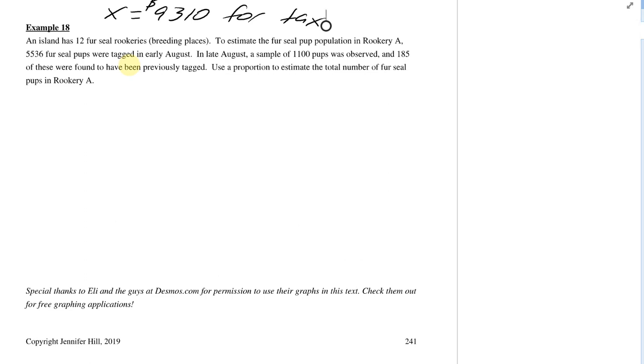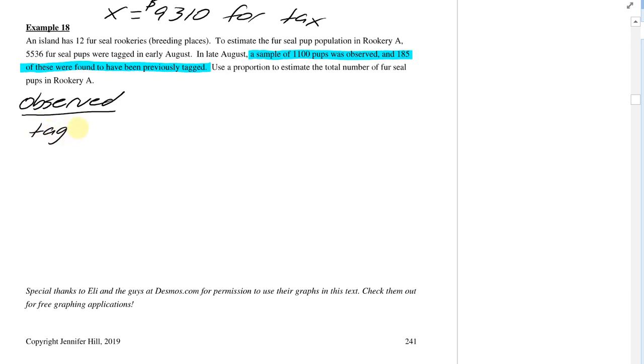The proportion is being laid out in this sentence here. It's how many pups they got in that sample versus how many were tagged. So it's kind of this observed to tagged amount. That's the proportion that we want to maintain. In this case, I had 1,100 pups and 185 of them were tagged.